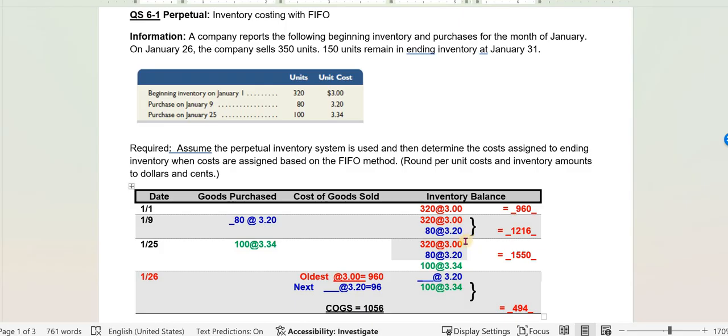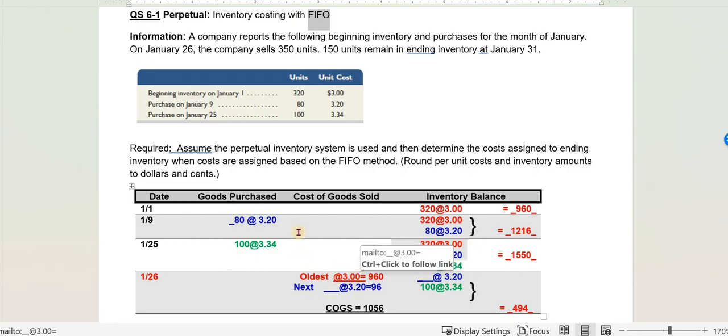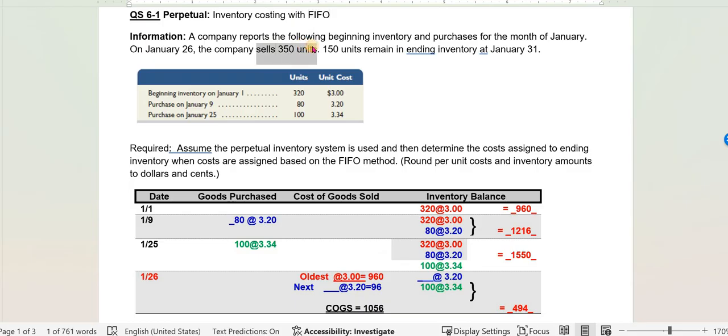So now we have to determine cost of goods sold, and we're using FIFO, first in, first out. First in, first out, which means I want the oldest unit first in cost of goods sold. Well, do you see that my red layer is my oldest, and I sold 350 units.